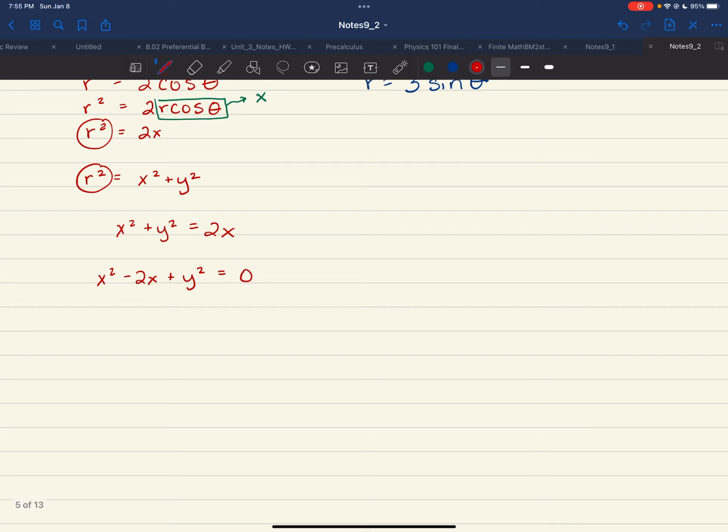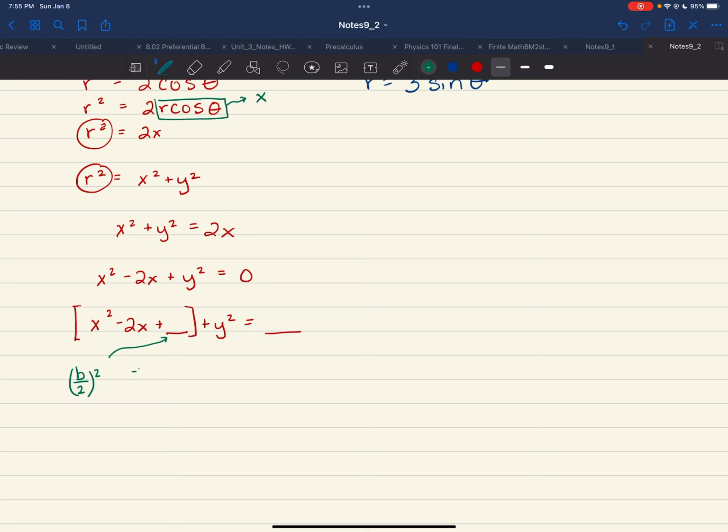Okay, in order to complete the square, I'm going to do this over here. X squared minus 2x plus something plus y squared is going to equal whatever it is that I put in here. When you complete the square, I don't know if you guys remember this, but b over 2 squared is what you're going to put in for this value.